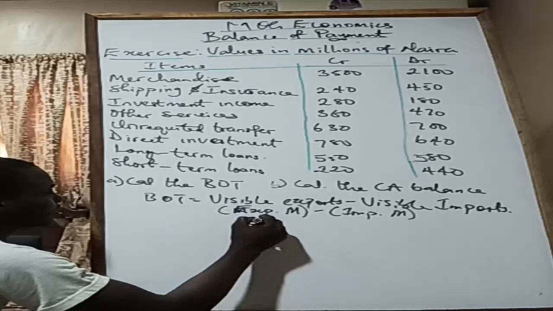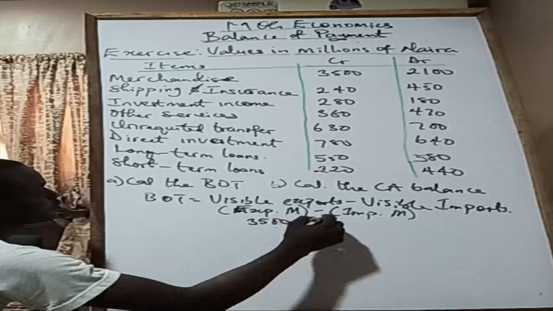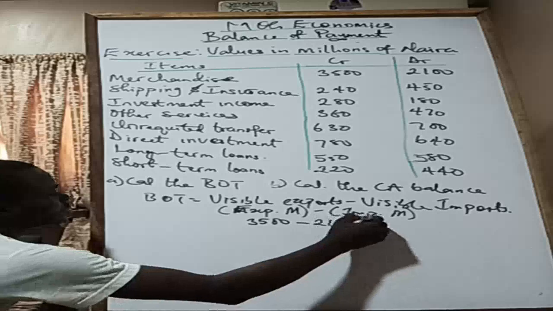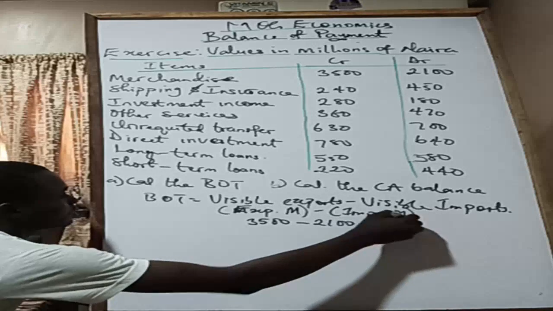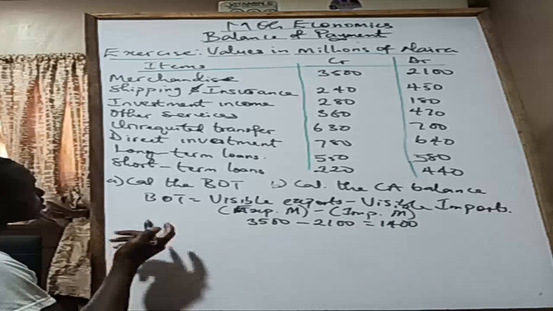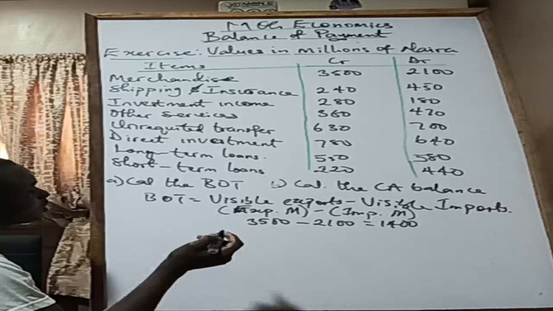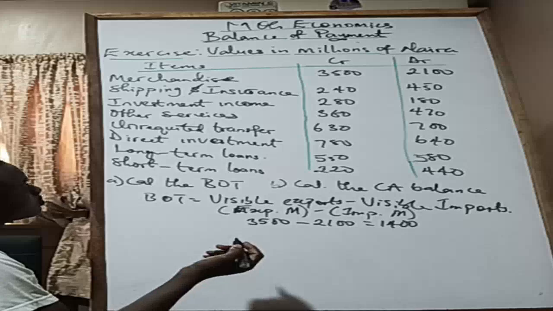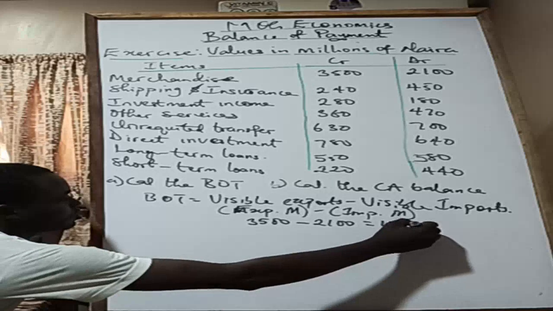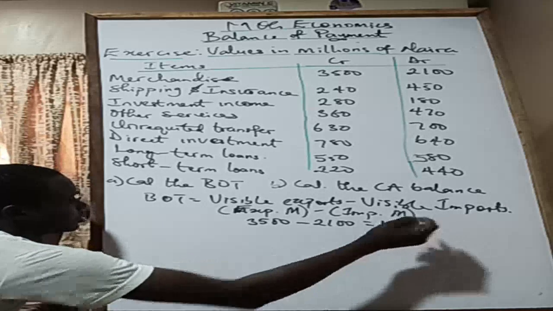So you have 3,500 minus 2,100. This is going to give us 1,400. Since the values are in millions, this is going to give you 1,400 million, right? So 1,400 million. No need to write a lot of stories.